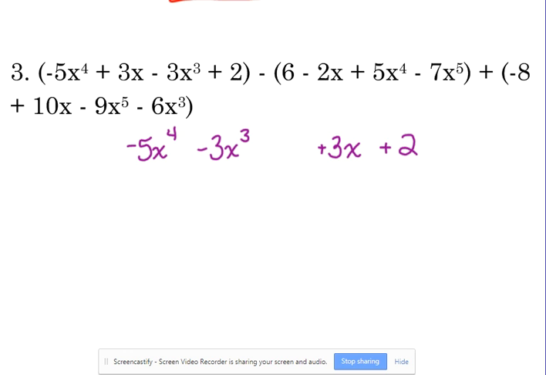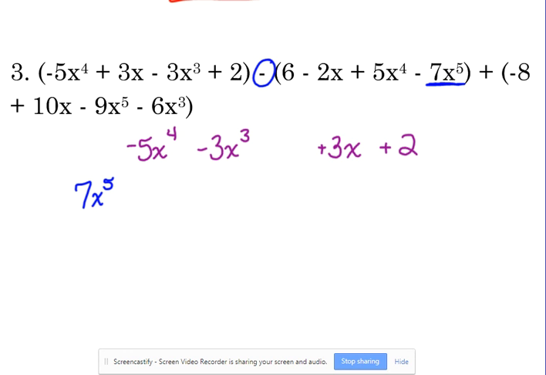Now my second term had a minus sign in front of it. Remember, when it has a minus sign in front of the parentheses, we change all the signs inside those parentheses when we write it down. This one has an x to the 5th. It was negative 7x to the 5th, so it becomes positive 7x to the 5th.